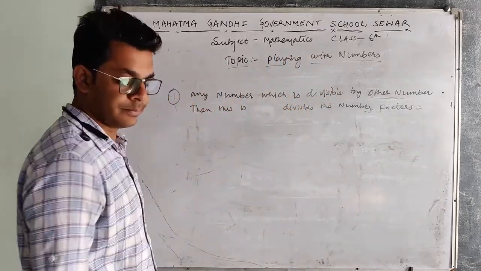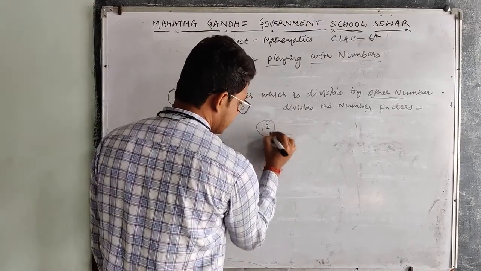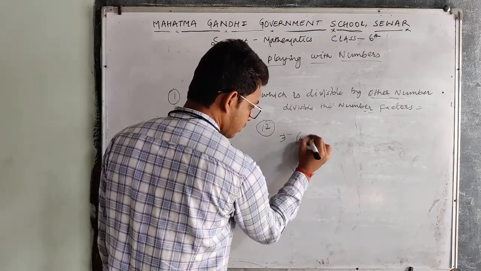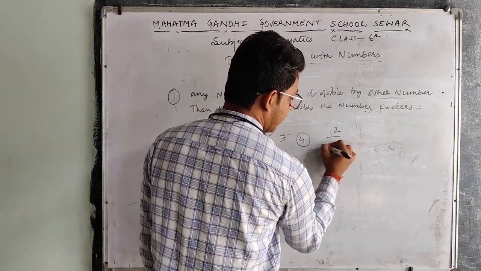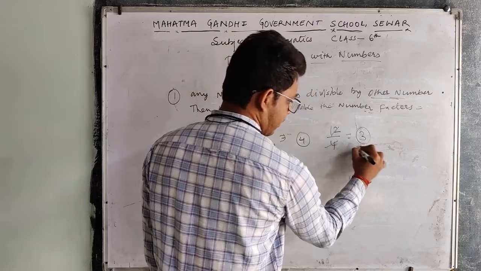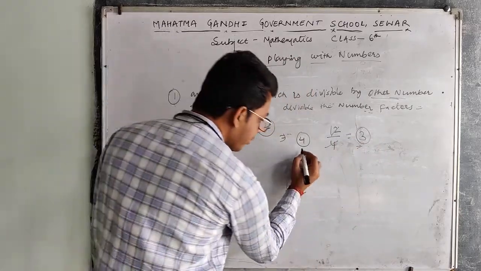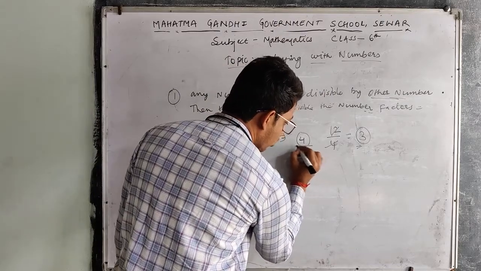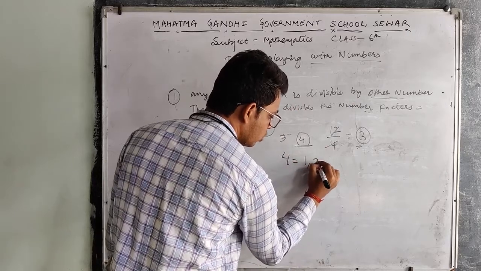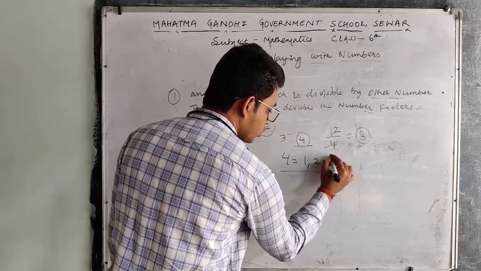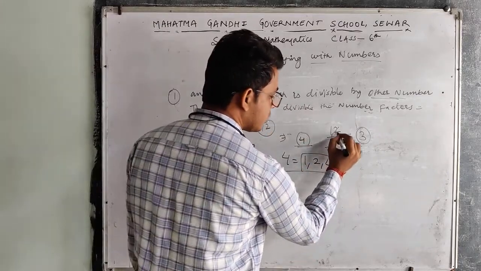How? 12 is divisible by 4. If I divide 12 by 4, the result is 3. What is the statement saying? If we factorize 4, the factors of 4 are 1, 2 and 4. So these three factors also divide 12.